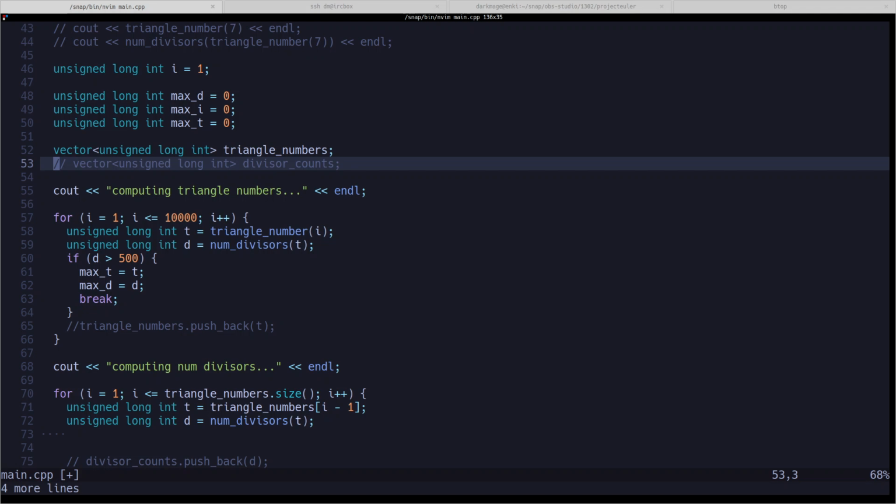So if it's not in the first 10,000... See, I'm trying to avoid having to do this comparison on every iteration, right?